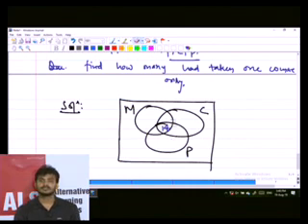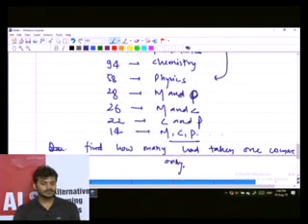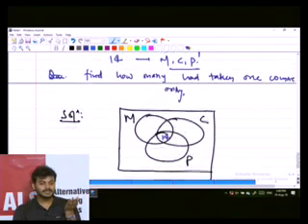Can you guys see this clearly? Yes, bachcho, this 14 is given. Now you see this 14 we have utilized, so you can move ahead, right? We have C plus P 22. So C plus P 22 means this will be 22 minus 14, which would be 8.